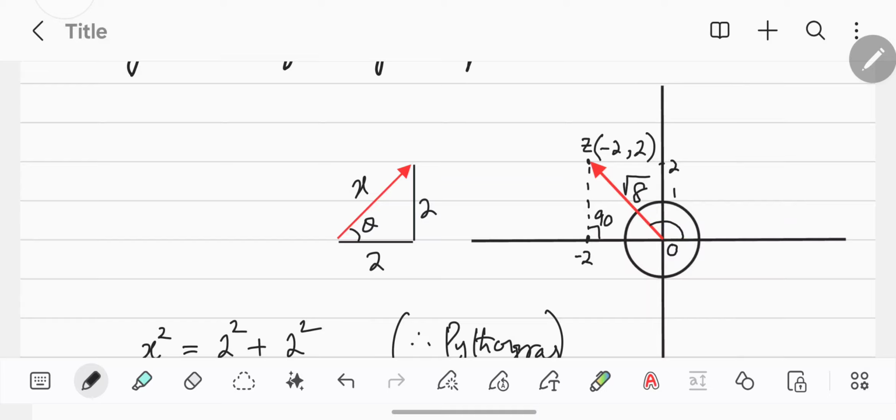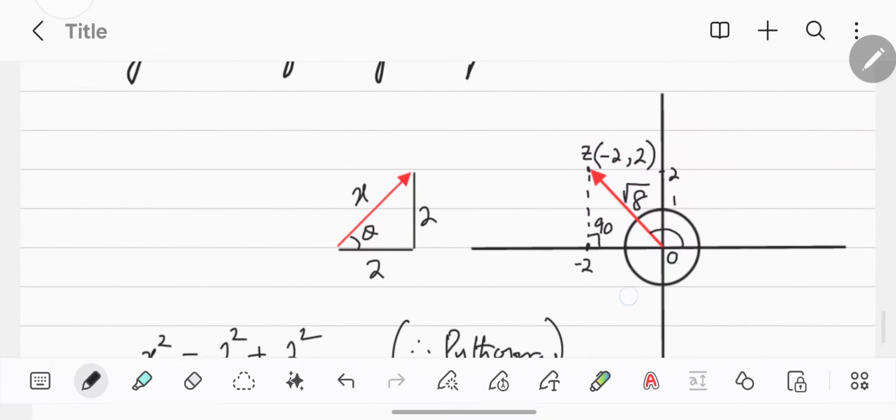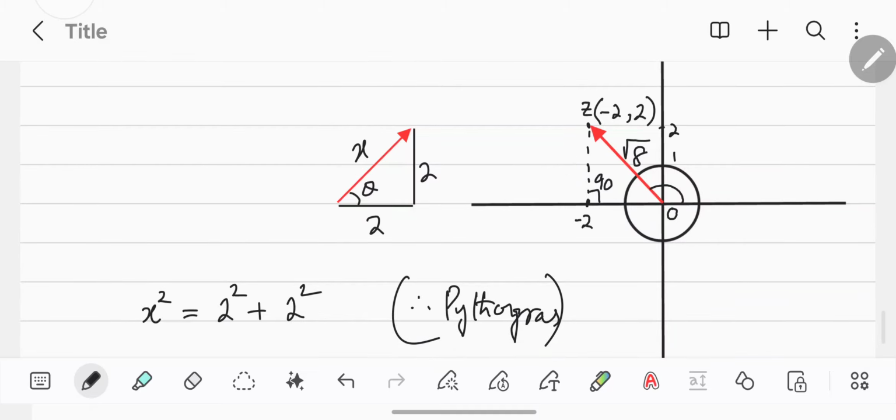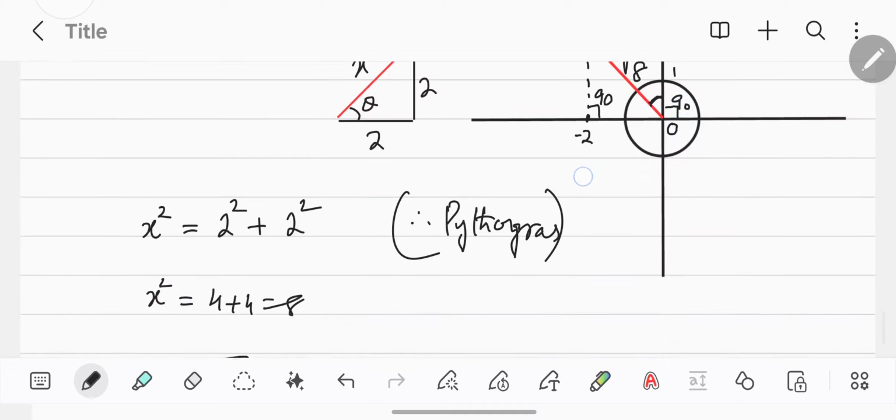Since in the picture, the theta is from here to here, so that means I have to add, but I have only counted this theta, so that means I have to add this 90 degree also. Because when I was dealing with this triangle, that means I was only doing this angle. But my total angle is from here to here, so that means I have to add this 90 degree also.